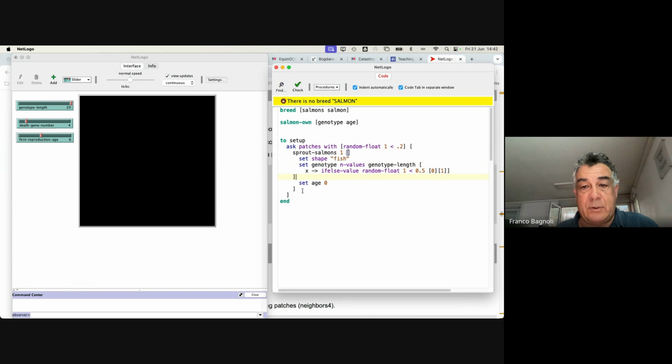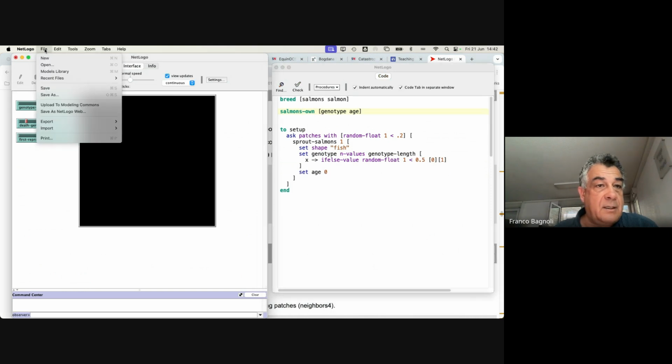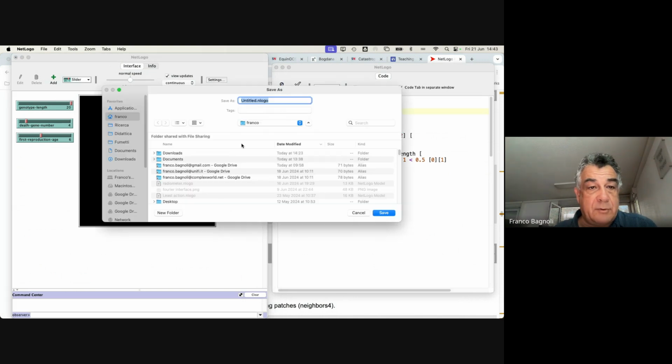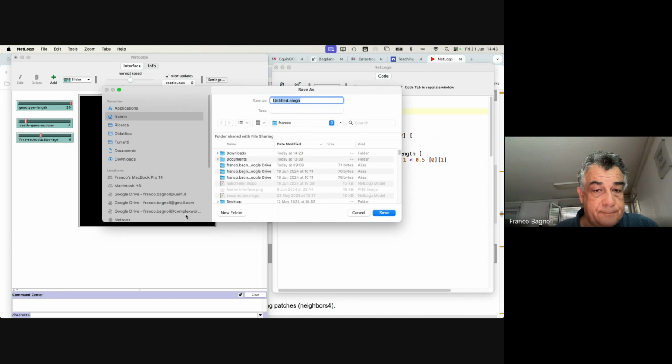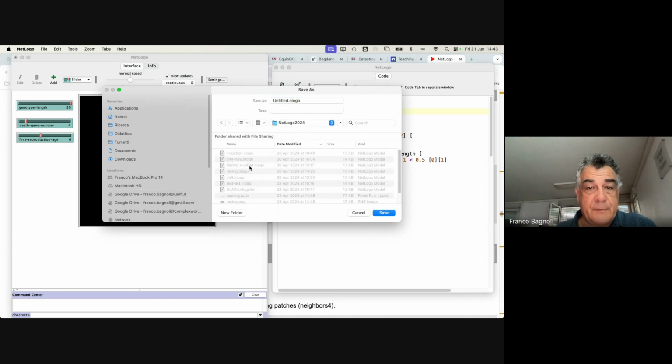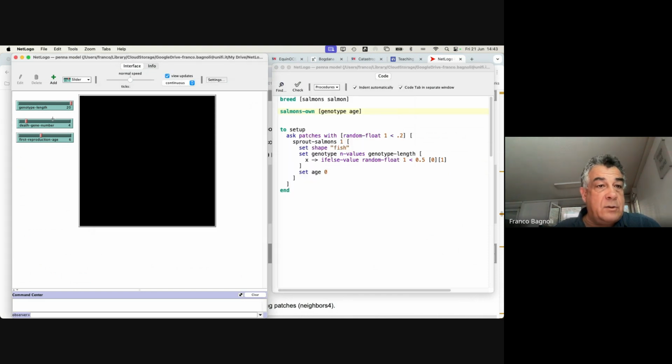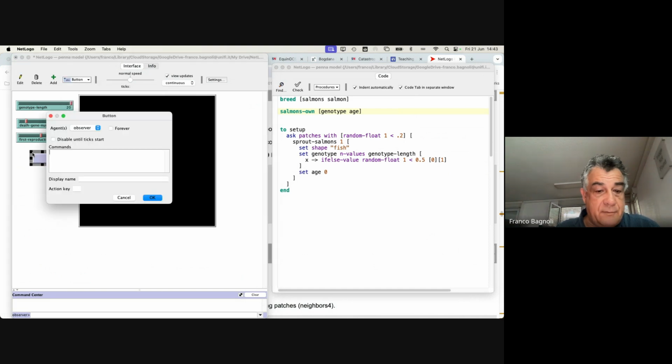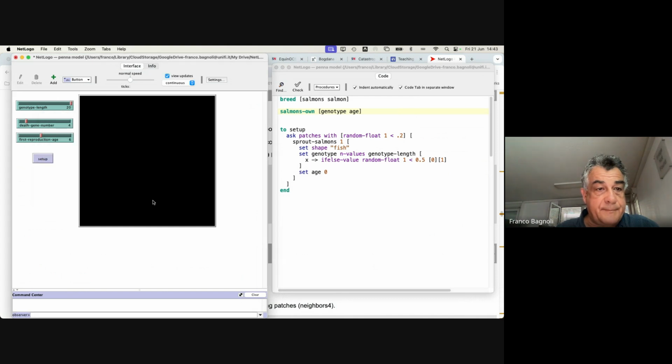Okay, let's see if this works. Check salmons, check. Okay, let me save as Penna model. Okay, so I also have to have a button, setup.